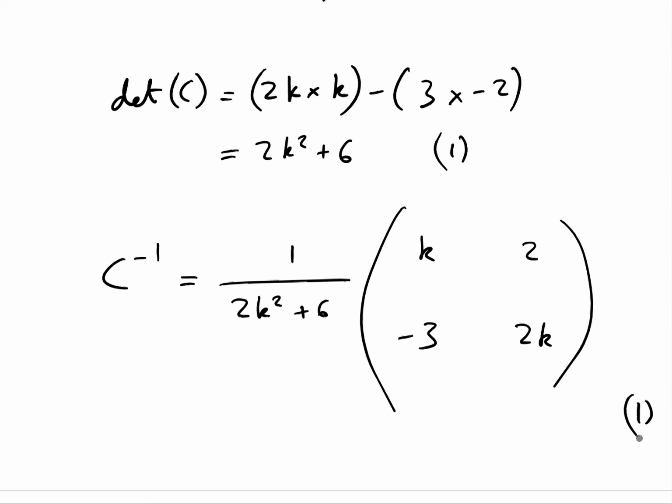The other mark is if you get the determinant wrong in the first bit, but you show it's 1 over the determinant of that thing multiplied by this matrix. So you do the right thing to the matrix, but because you got the wrong determinant in the first step, you will still get a mark. They're being really generous. They're basically saying, even if you don't get the right determinant, you can still get the full 3 marks.